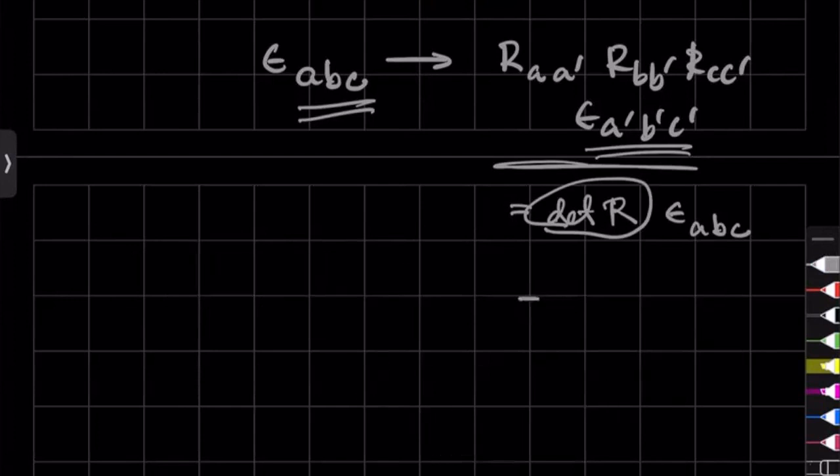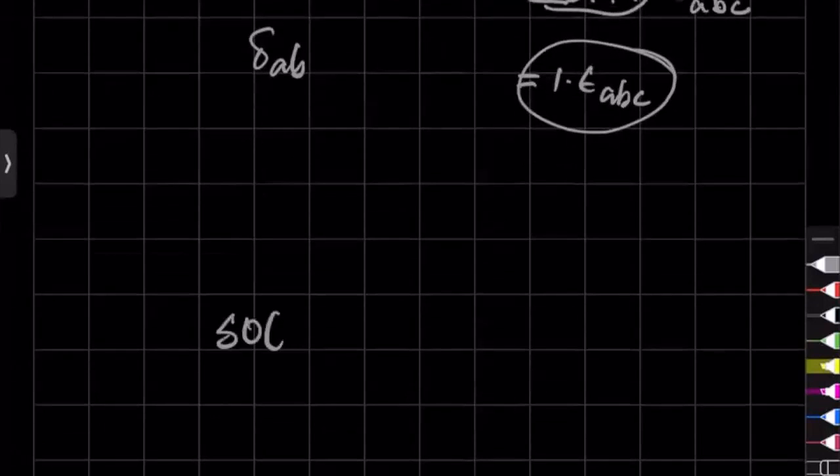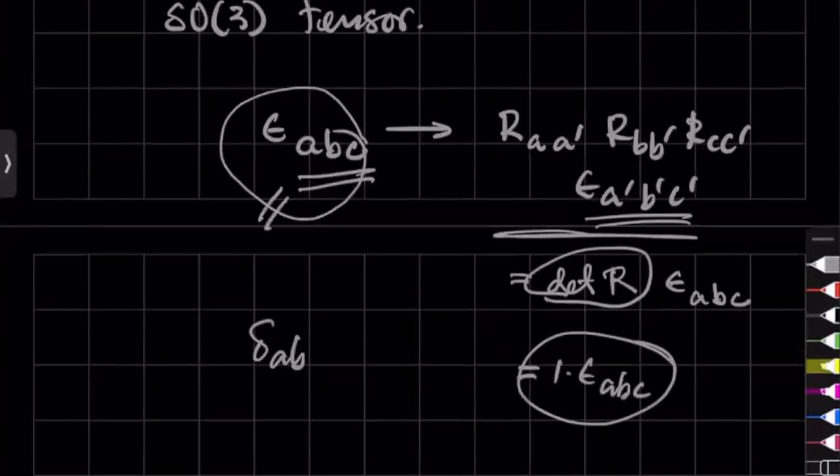Yeah, so we get epsilon_{ABC}. So we see that this is another invariant tensor in addition to delta_{AB}. So for SO(1,3), can you suggest a tensor which is analogous to this?